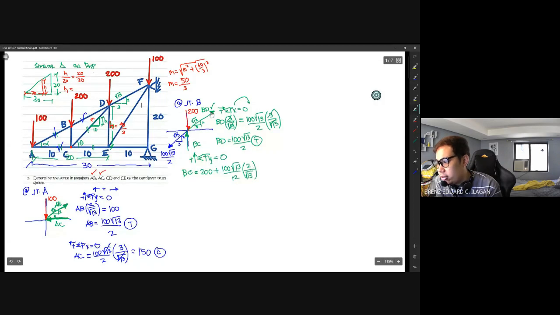And then, since pataas yung y component niya, magiging minus na 100, yung BD mo, which is 100 square root of 13 over 2, multiply by 2 over square root of 13. Equals naman yun, so makakancel lang itong dalawa. Parang 1 minus 1 na nangyari. Or BC is equals to 200. So, that is in compression.